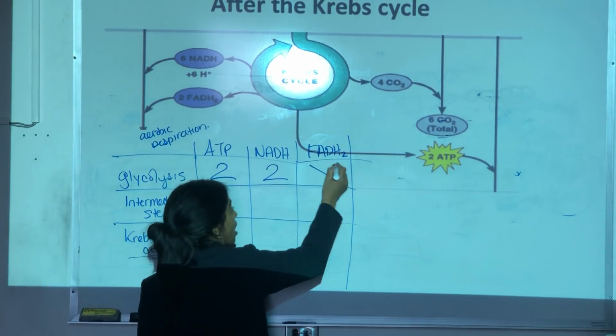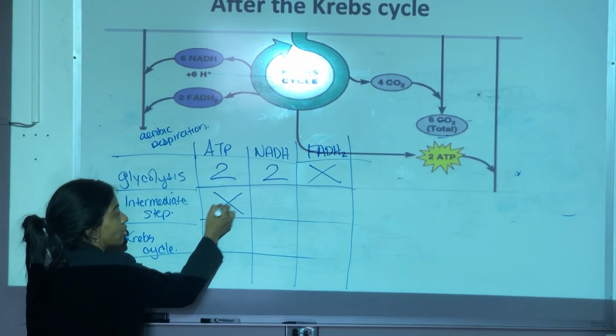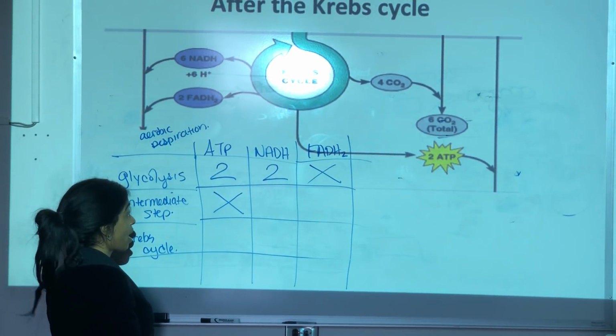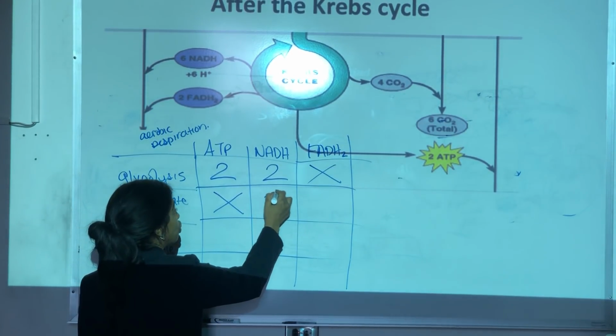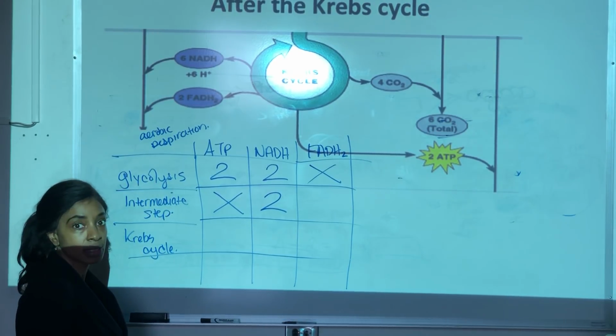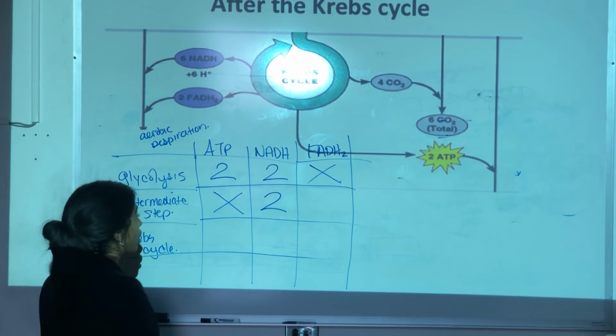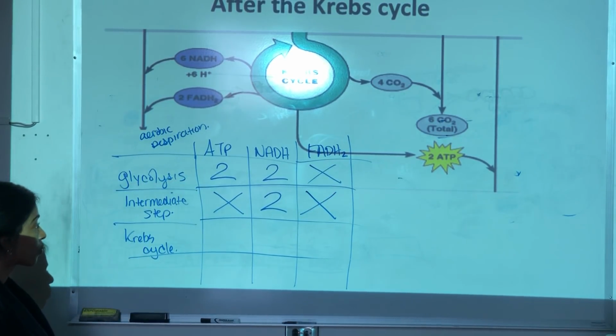Well, it wasn't made at all. In the intermediate step, no ATP was made. There was NADH made. There was 2 that were made, right? 1 for each pyruvic acid. And no FADH. Okay? In Krebs cycle, however, everything was made, right?